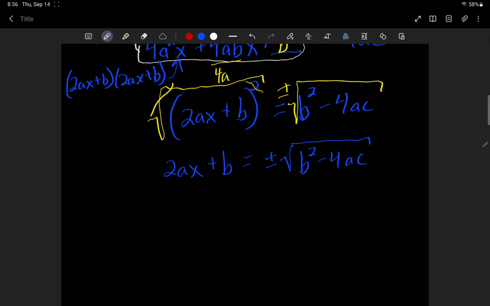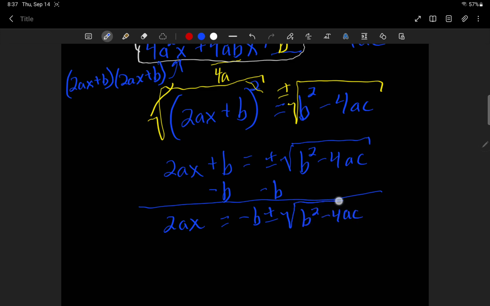And if you've memorized the quadratic formula, you're going to see pieces of that happen here. We don't have to memorize it because we know how it came about, and we understand that all we have to do is multiply through by 4a. We're going to minus the b. Remember, we're looking for x, so we'll minus b over here. This is going to give us 2ax is equal to minus b plus minus the square root of b squared minus 4ac.